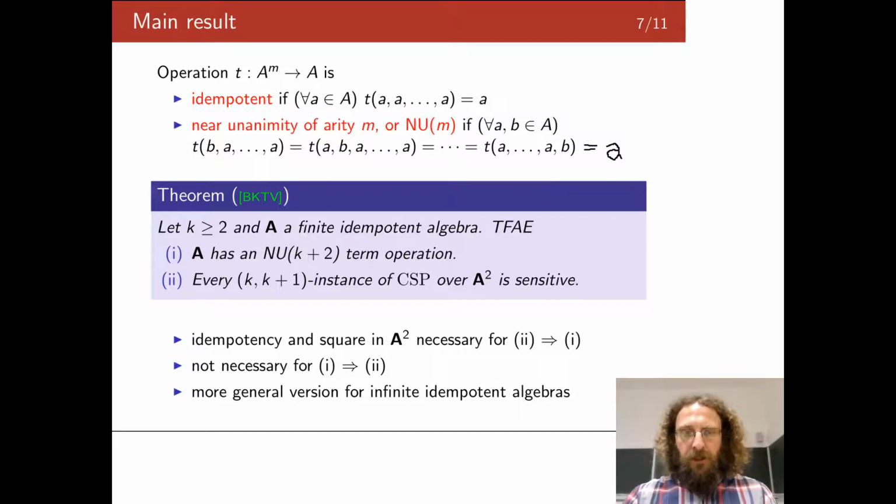So it is true that if A is a finite algebra with a near unanimity operation of arity k plus 2, then every k plus 1 instance of CSP over A is sensitive. We also have a more general version of this result for infinite idempotent algebras, where we need to replace NUs by local NUs.